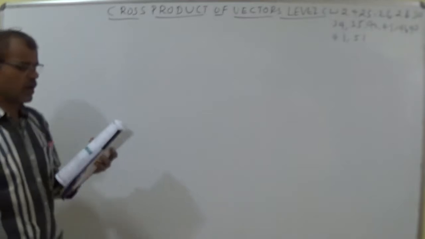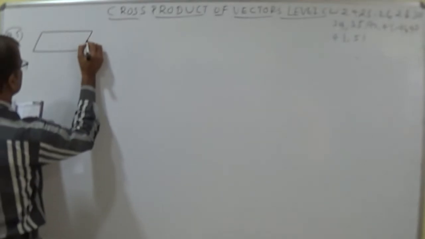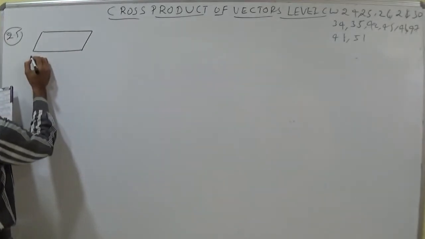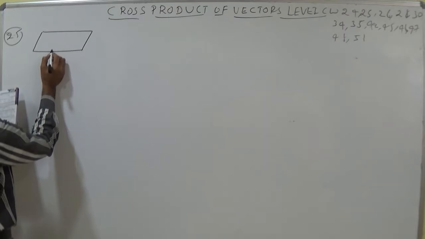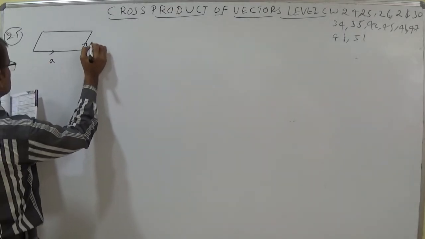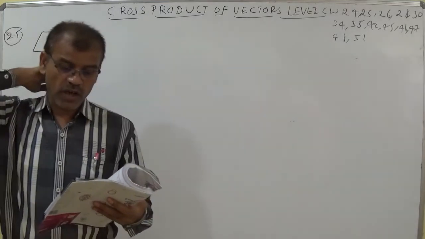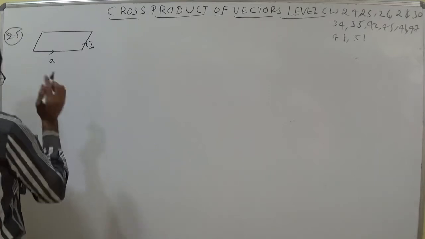The area of the parallelogram constructed by the vectors a bar and b bar as sides. This is a and this is b. P bar and q bar are unit vectors forming an angle of 60 degrees. What is the area in square units?